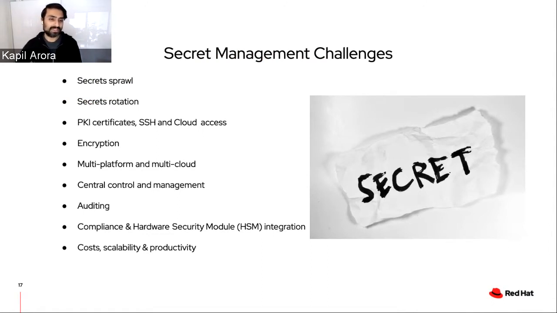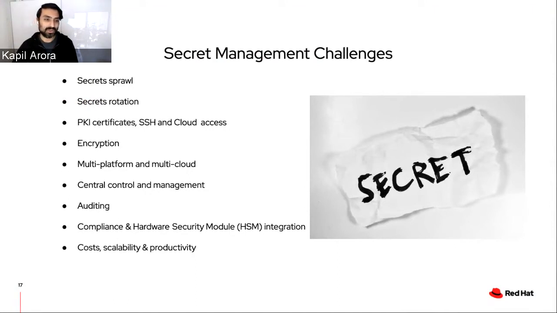Many times we have different policies to rotate the secrets to avoid leakage, or even if they get leaked, they are rotated frequently, and you have to maintain and manage the system or the automation around the rotation of your secrets. Then you have to issue new certificates to your applications, and also provide cloud access to your applications.